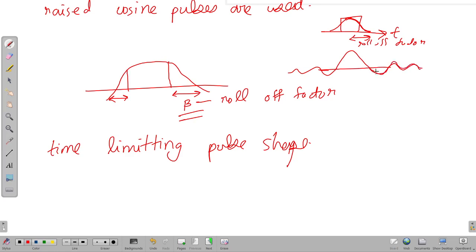When compared to a sinc pulse the amplitude is less, but they will have small transitions like this. In order to time limit that pulse shape, some additional time limiting factor epsilon by Tn also has to be included.